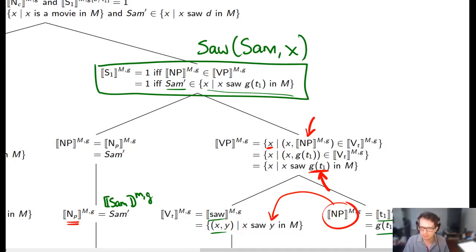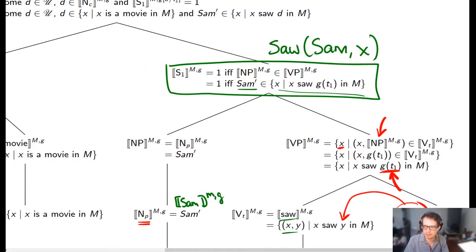This is really what we've constructed at this point. So the x hasn't been bound. It's sort of like a pronoun. We don't know what x is. It's like saying Sam saw it, but we don't know what it is according to the tree yet, because we don't know a movie at this point.